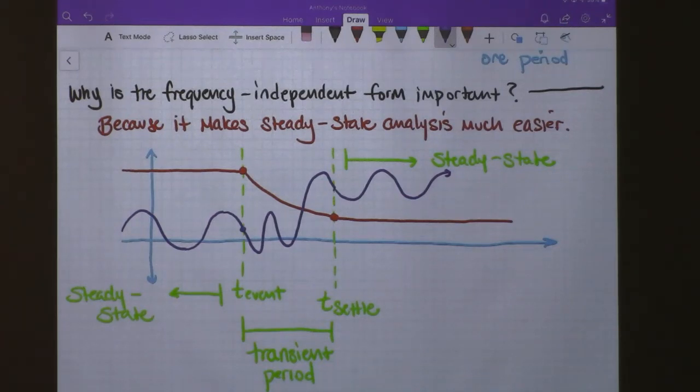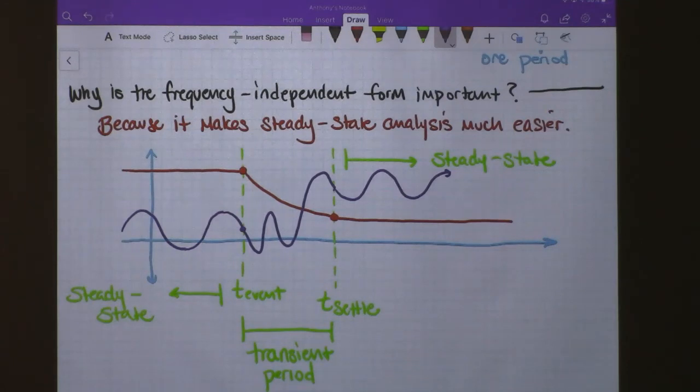So steady state for the AC waveform just means that its amplitude is staying the same, it's oscillating at its constant frequency, and it can be described by the sine wave expression.